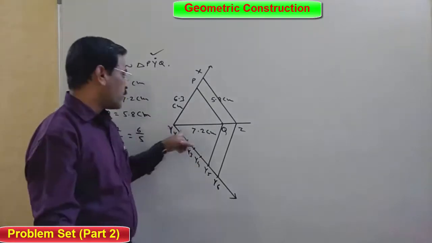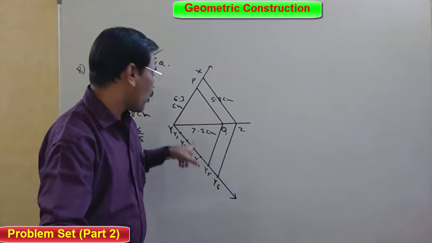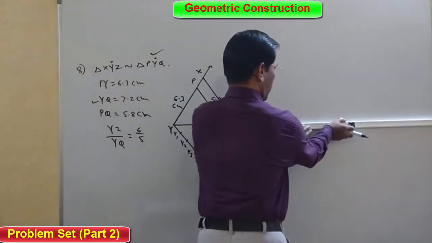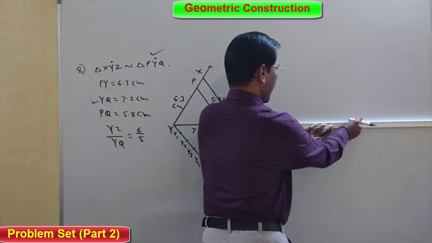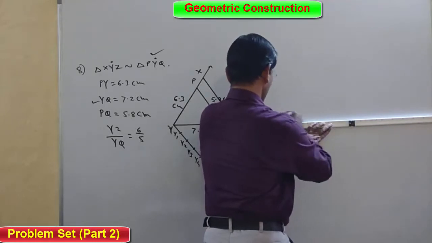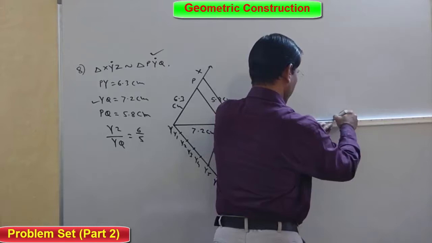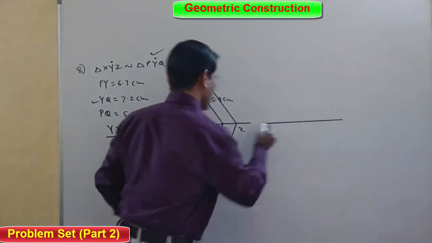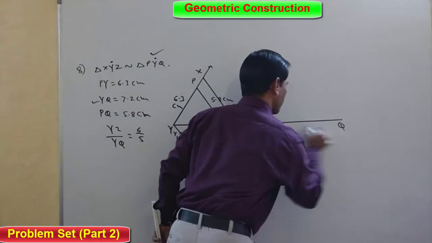First of all, we have to take YQ as 7.2 here. Okay, YQ 7.2. See here, where is 7.2? This one is 7.2. This is YQ.